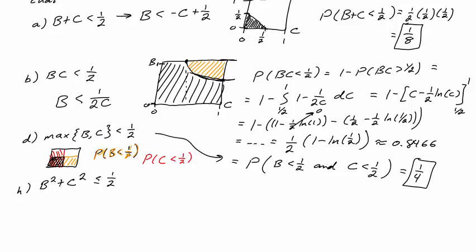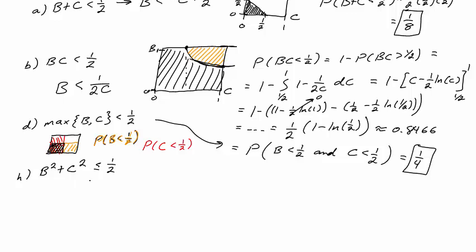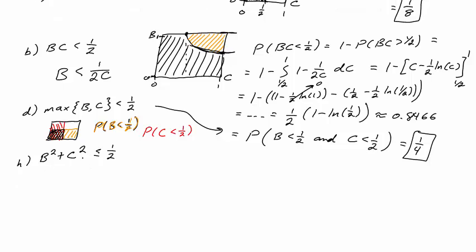In the last one, b squared plus c squared less than or equal to 1/2, b squared plus c squared is going to be a circle, the equation of a circle centered at the origin with radius 1 over the square root of 2. So that's going to look something like this.